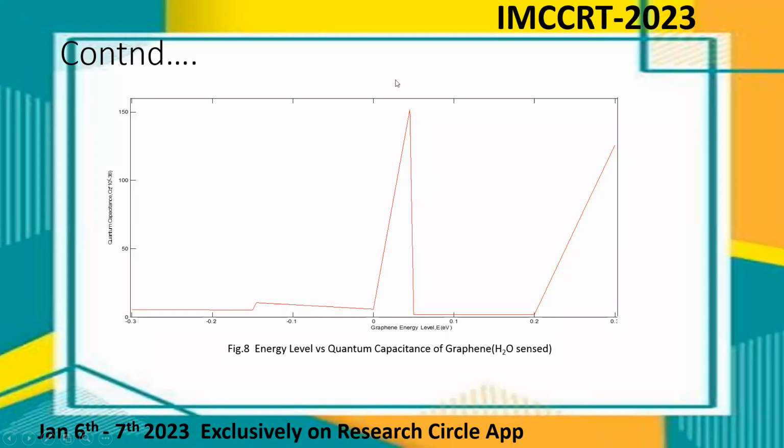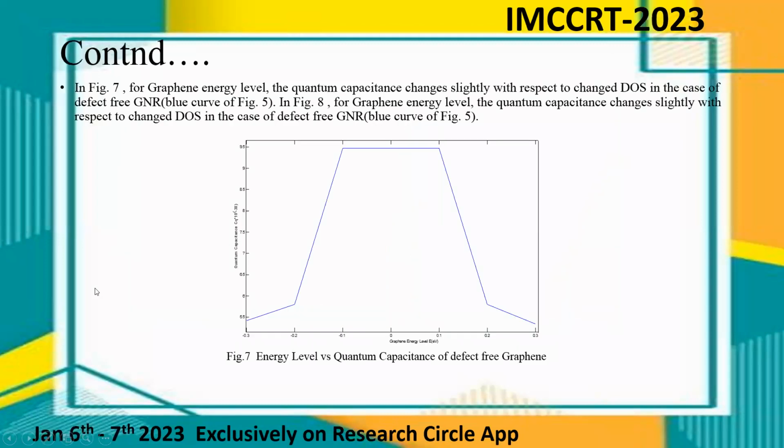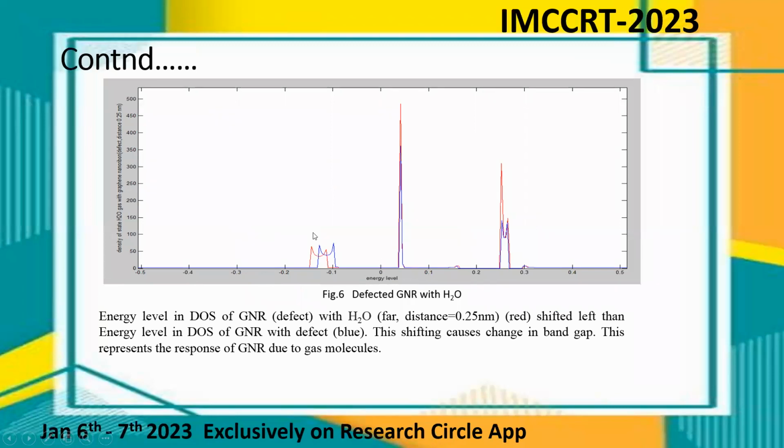The quantum capacitance is mostly high from the range of 0 to approximately 0.145. In the previous curve of density of states, we observed that between 0 and 0.1, approximately, we got a very high density of states value.